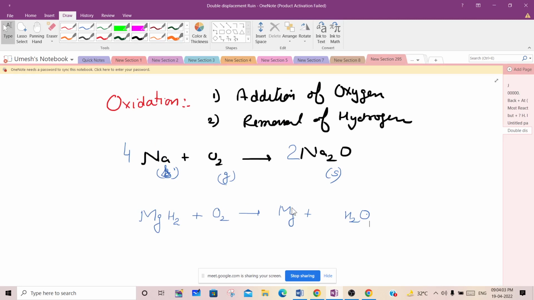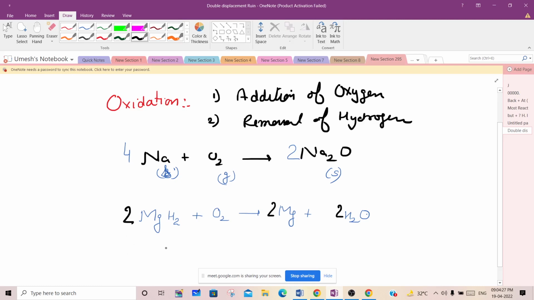So after writing this, you should balance it. Of course, we need to balance it. So now you can balance it. 2MgH2 plus O2 forms 2MgO plus 2H2. Yes, it is to be balanced.